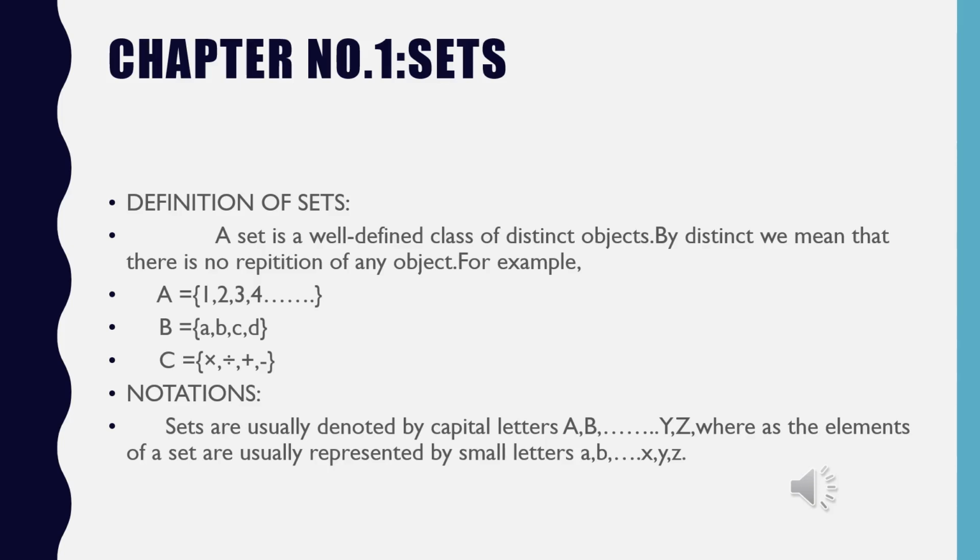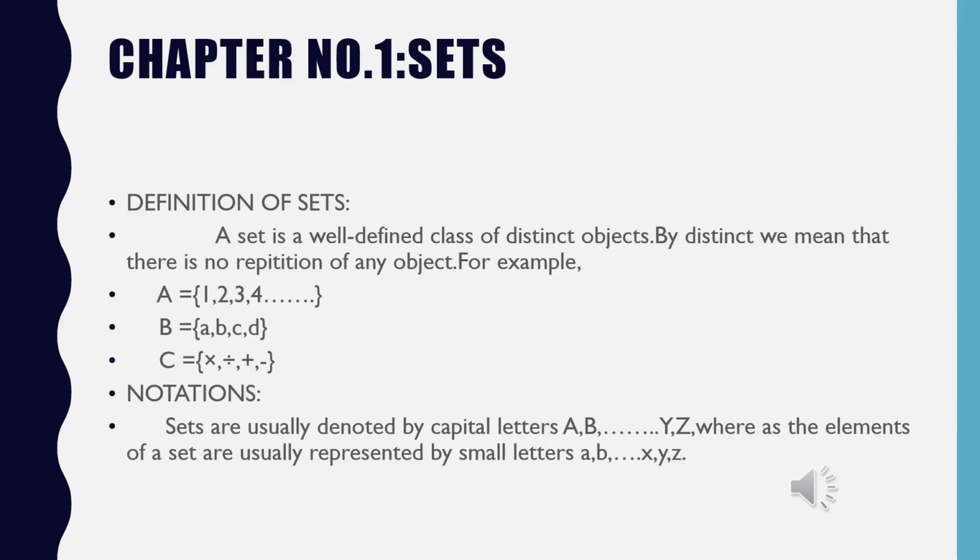Then the third form, that is set builder form. What is the set builder form? We are using the property of a set. In this form, all the properties which a set is having are used, and it is represented by a formula, that is x such that x is a natural number and x is less than 6.